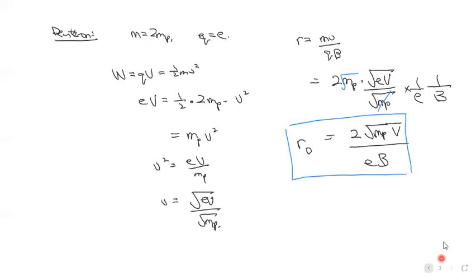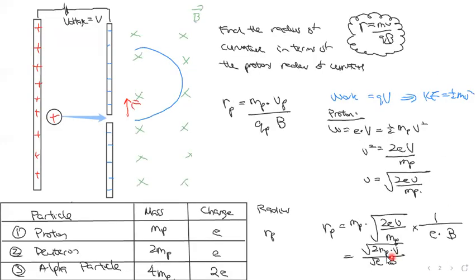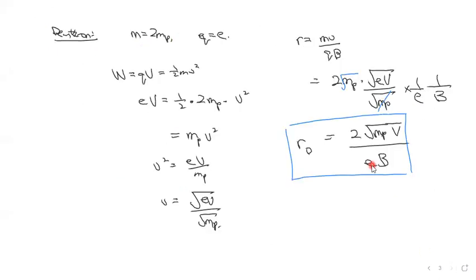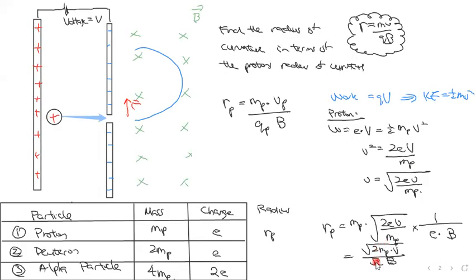So if we do a quick comparison with this one, you've got root e times B. There should be a square root of e on top of that as well. So we can see that for the radius of the proton, everything is root m_p, root V, and you've got a root 2.